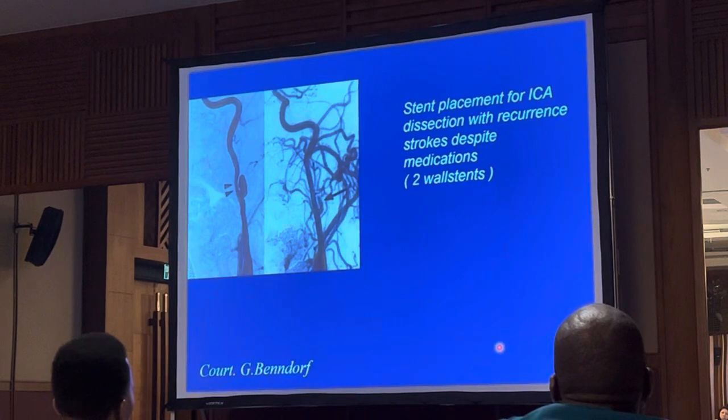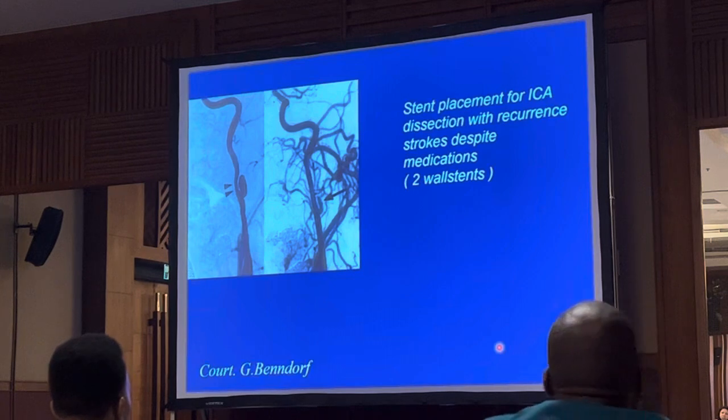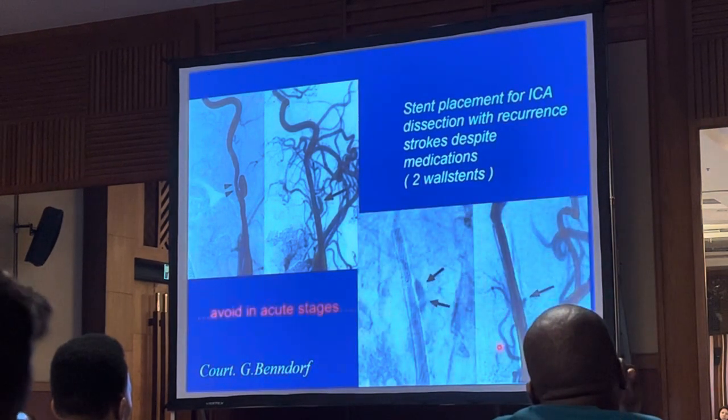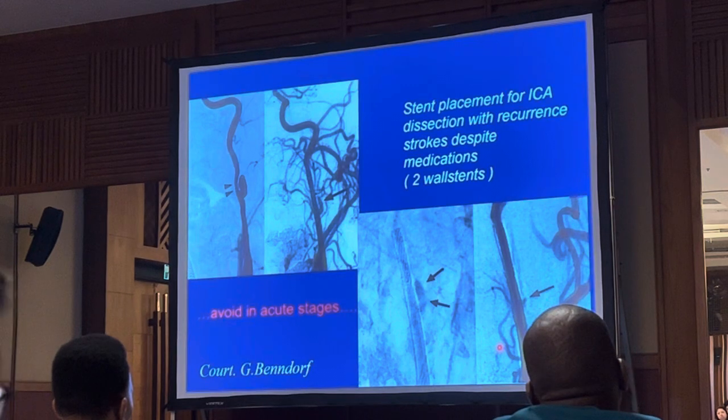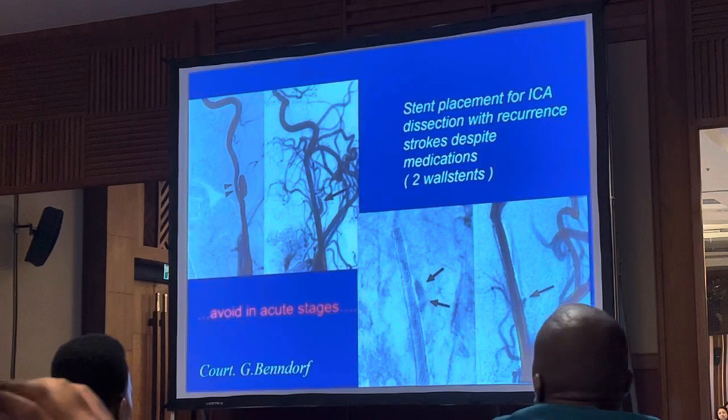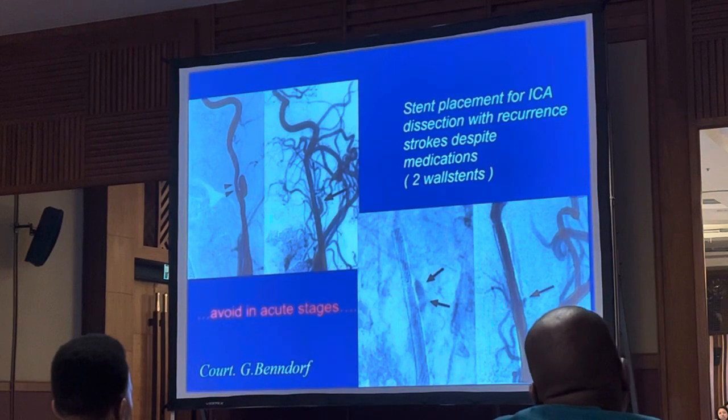Stent placement can be one of the option in the reflex stroke case despite medication. And for this case, they were putting 2 wall stents, and even a little dimming immediately there. If you follow up, usually it's healed.